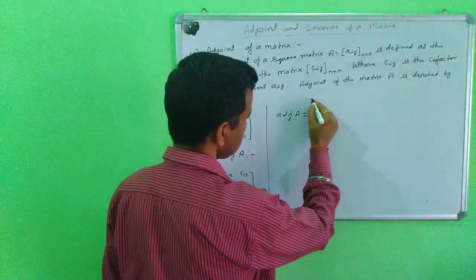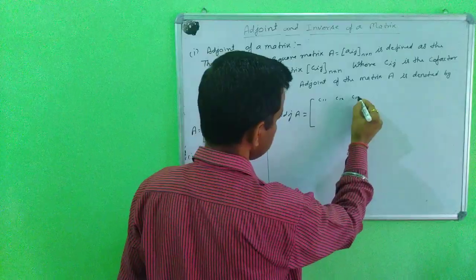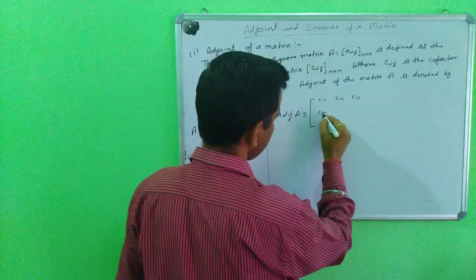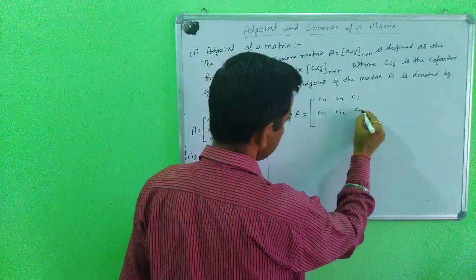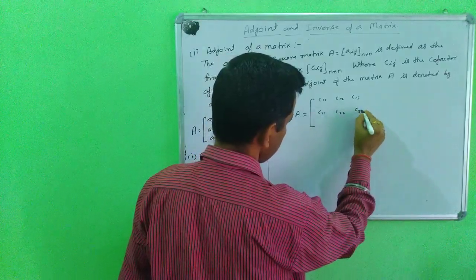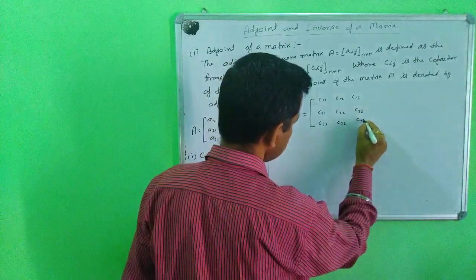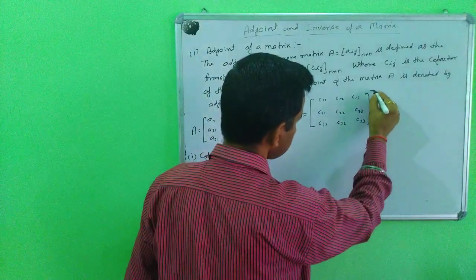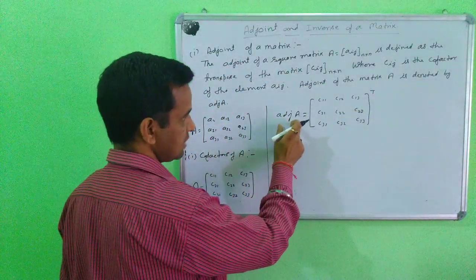The cofactor matrix is first row C11, C12, C13, second row C21, C22, C23, and third row C31, C32 and C33. Then you find the transpose of this, which gives the adjoint of the matrix.